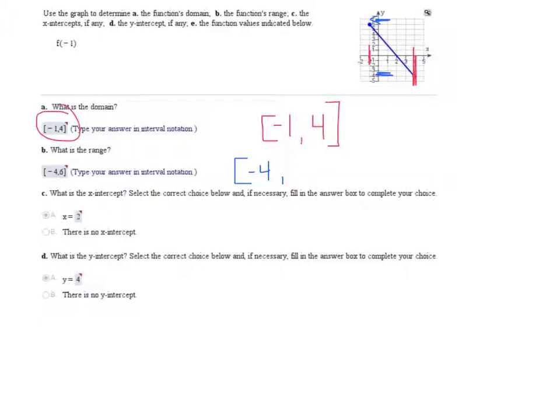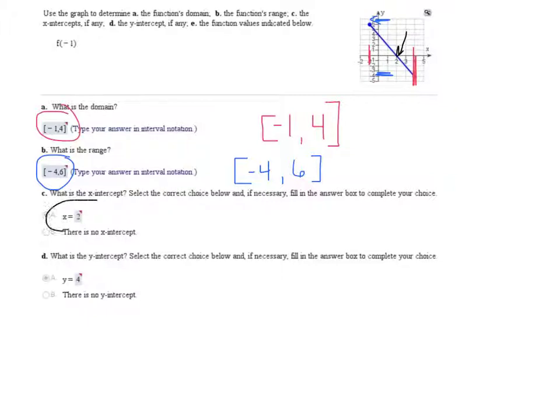Not that I'm good at hitting that either, but anyway, hopefully you can tell that that dot goes as high as the 6 on the y-axis. And since it's a solid dot, we have another bracket. So that's why that is the answer for our range. Now the x-intercept is at x equals, and we just go on our x-axis and find out where it crosses, and it crosses right there at the 2.